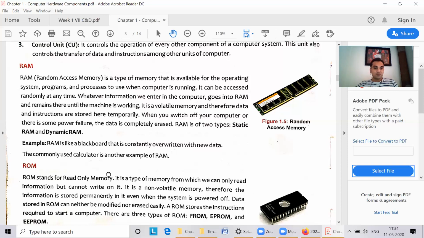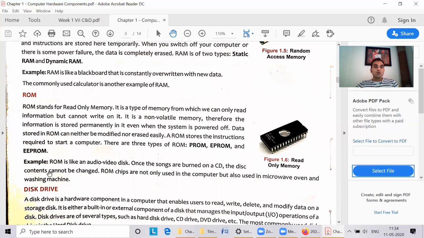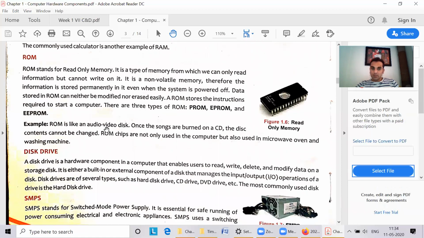Next, that is ROM. ROM stands for read-only memory. It is a type of memory from which we can only read information but cannot write on it. Like if there is something permanently marked on your whiteboard, you have marked P, A, T, present, absent, boys, girls, total, those are the permanent marks.